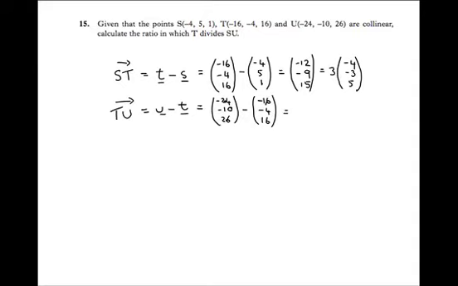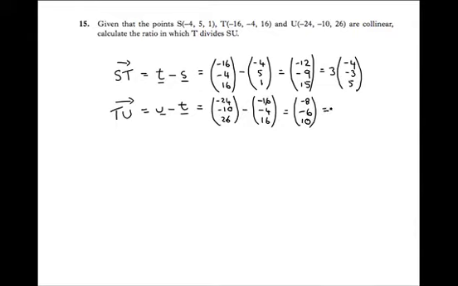A little bit of calculation. Minus 24 minus minus 16, that's minus 24 plus 16, that'll be 8. Sorry, minus 8. Minus 10 minus minus 4 is the same as minus 10 plus 4, be minus 6. And 26 minus 16 is 10.